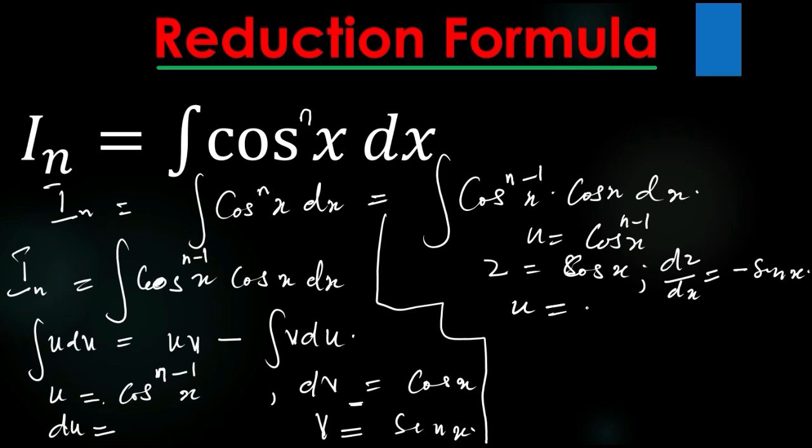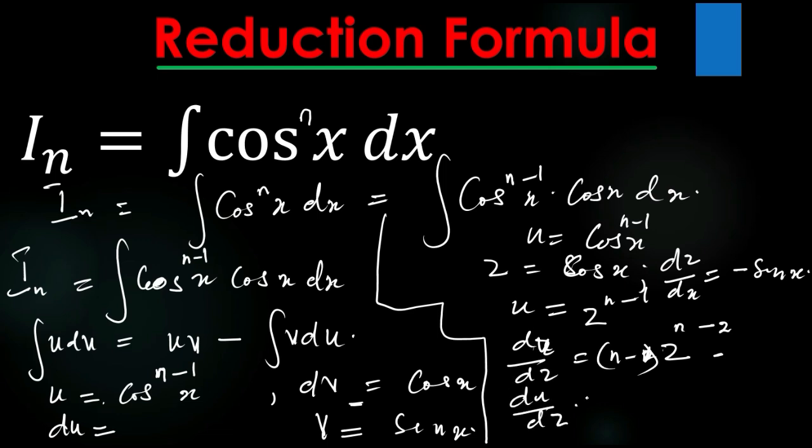Then my u is equal to z raised to power n minus 1, so that du/dz is n minus 1 times z raised to power n minus 2. So du/dz times dz/dx will be equal to du/dx, which is what we're actually looking for.